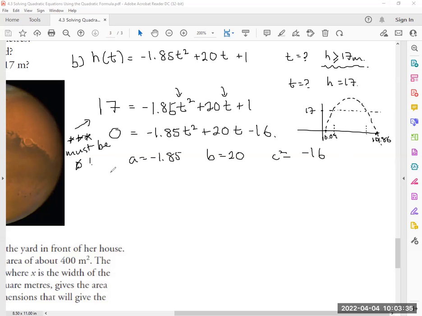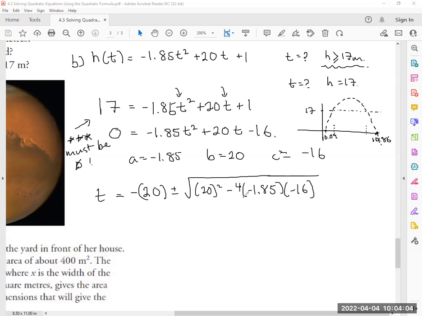So let's try it. If I want my height to be 17, I'm going to set it to 0 and figure out what that time is going to be using negative b plus minus the square root of b squared minus 4 times a times c, all divided by 2 times a.